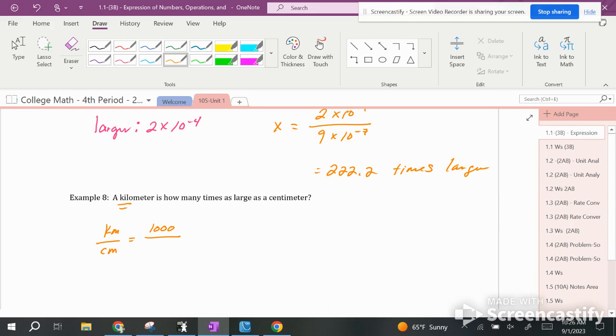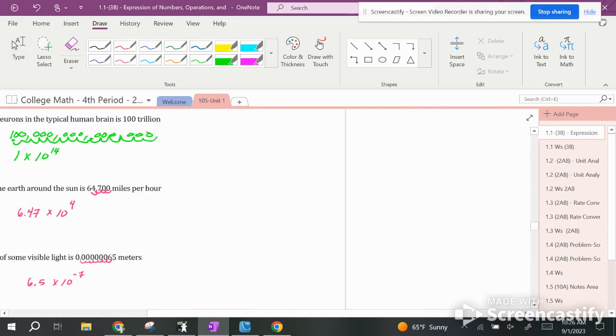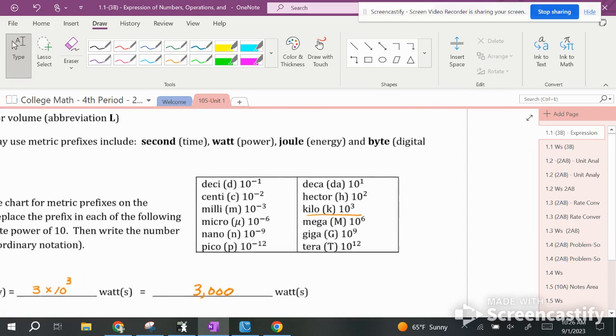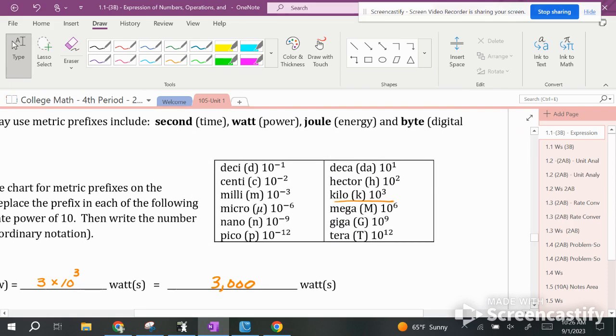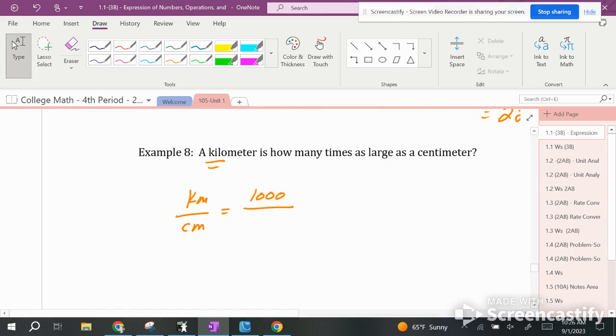Remember, this is a meter right here and a centimeter is this, so it's a hundredth. Remember our little sheet up here? Centi is 10 to the -2, so 0.01, because we're talking about one thing.